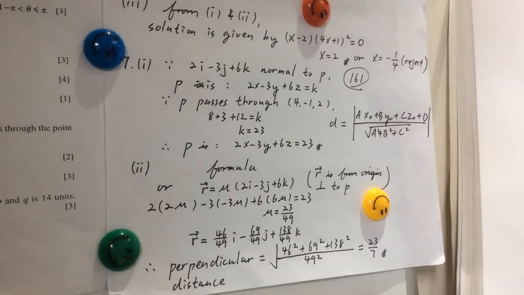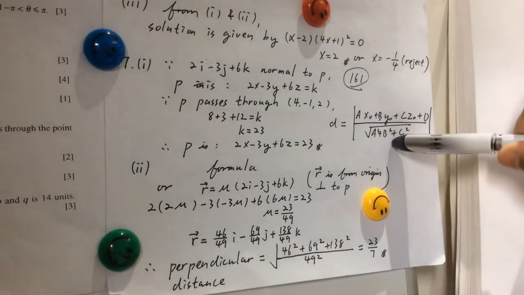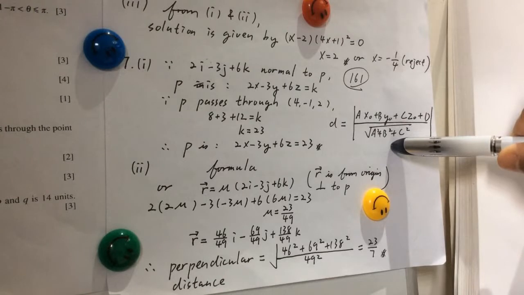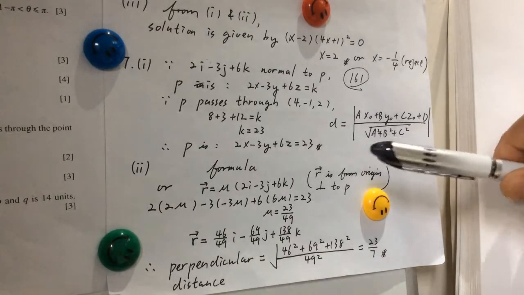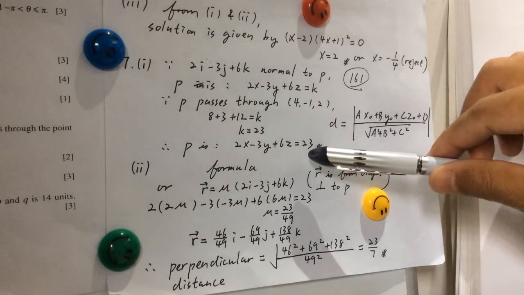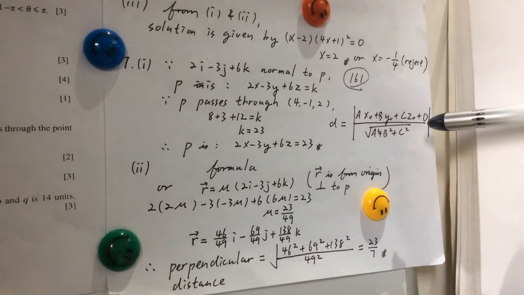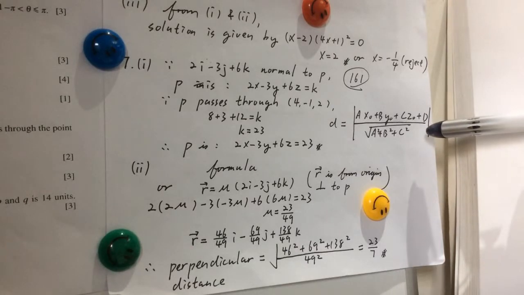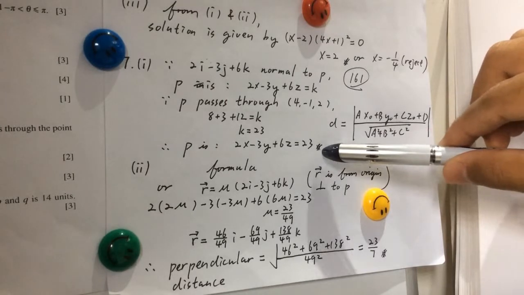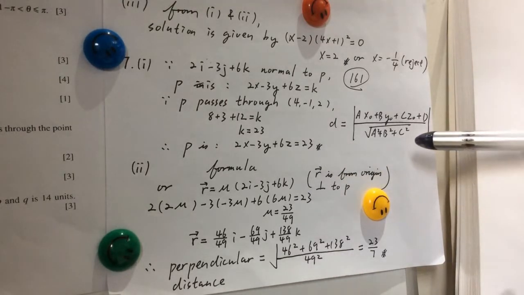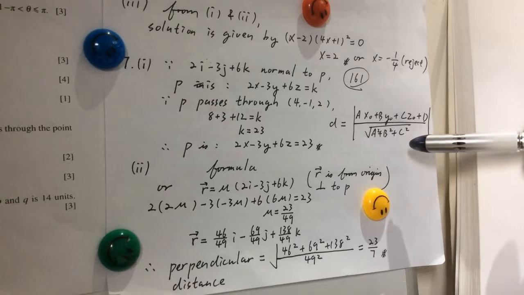First of all, we can use the formula which represents the distance from a fixed point to a plane. In the equation of the plane, we have a, b, c, d as the constants or coefficients, the standard form of a plane and a fixed point. So we can use the formula to calculate the distance from a fixed point to a plane.